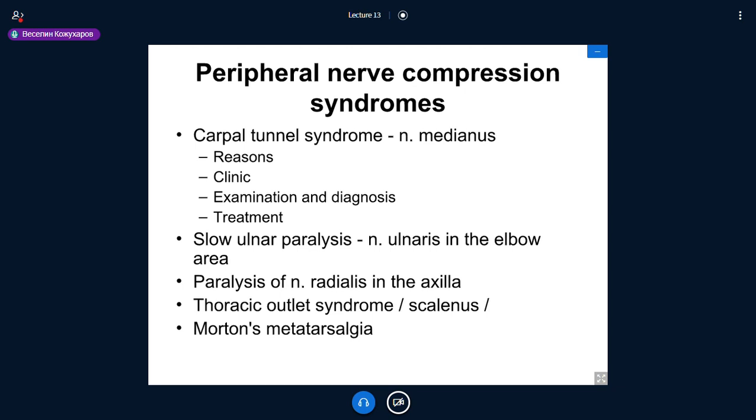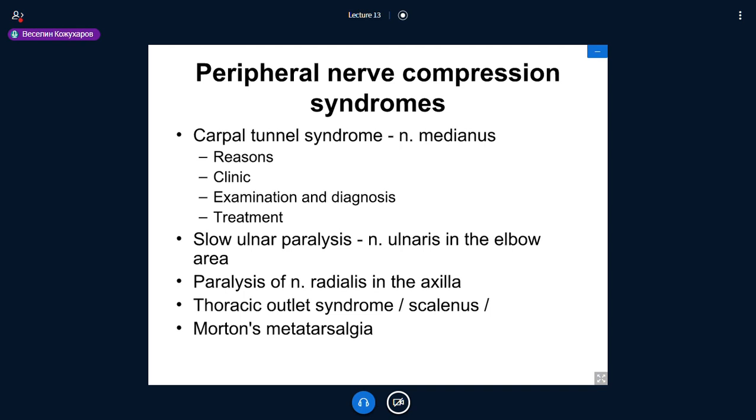Typically, the pain will increase when we press at the web space between the second and third toes.